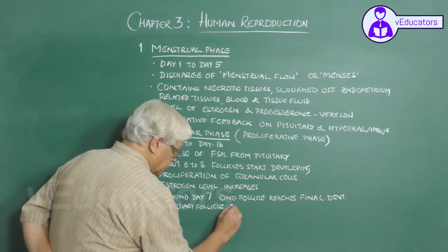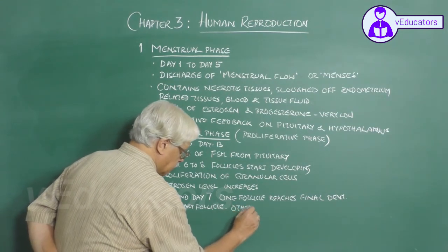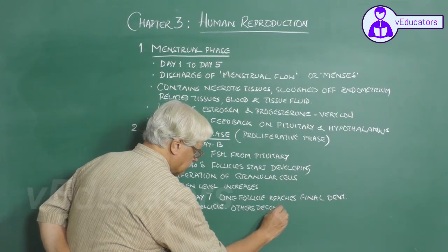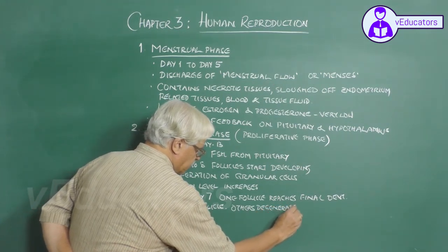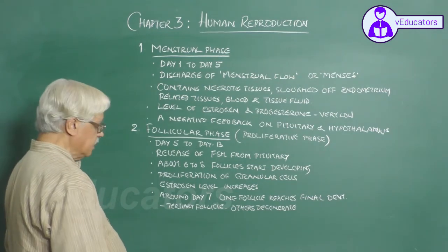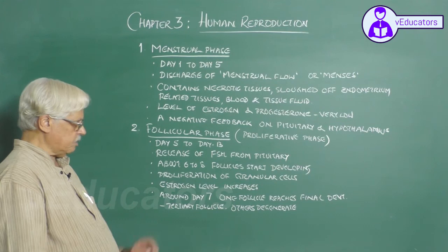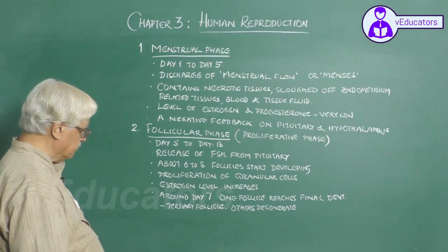Others simply degenerate. So one follicle reaches final development, becomes tertiary follicle, and it is going to become the Graafian follicle.